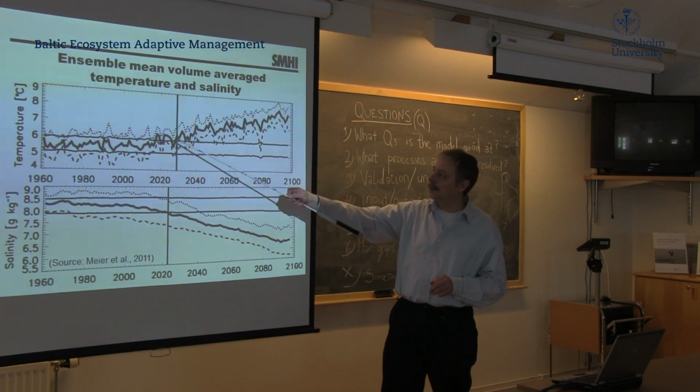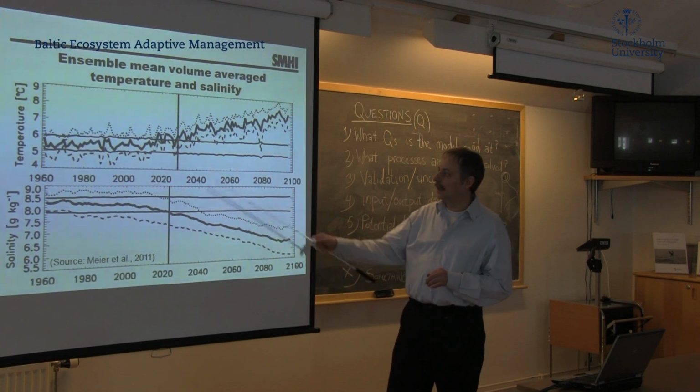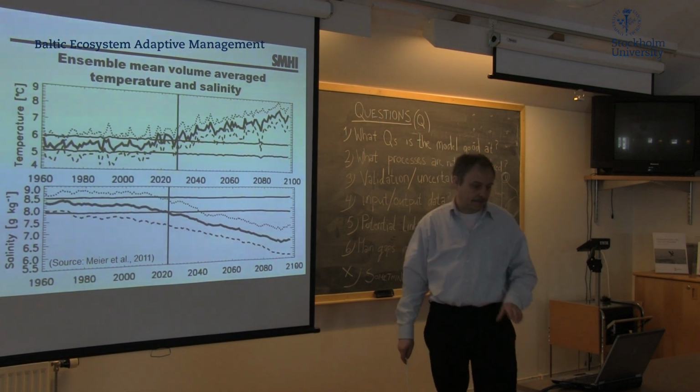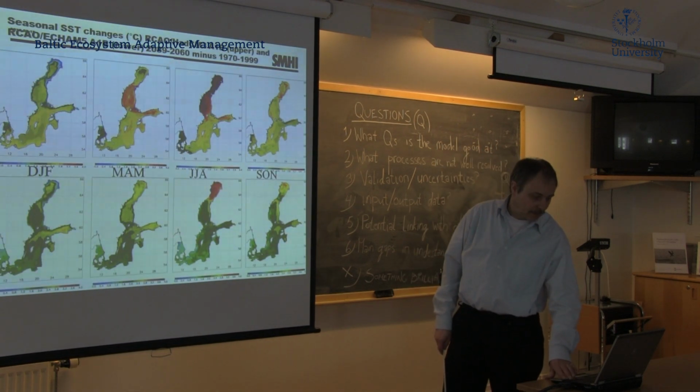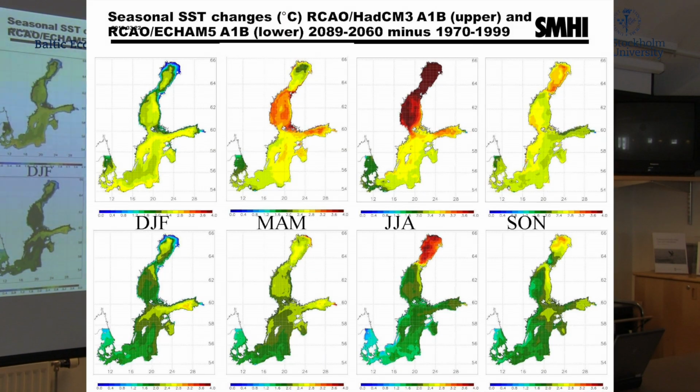Earlier it is not possible to detect the changing climate signal, and the same for salinity. So that's a new kind of thinking, to build in somehow the uncertainties in the model. You can do it also in a statistical approach, of course, in the model, but here it's used in this way. So just to illustrate a little bit what is going on, so that I can explain briefly the results.